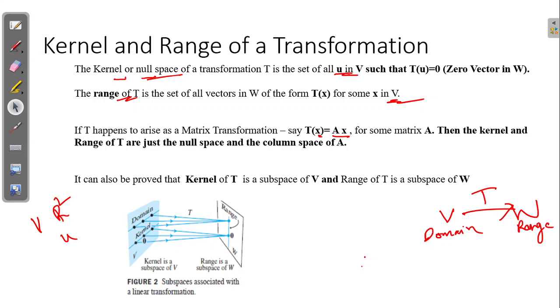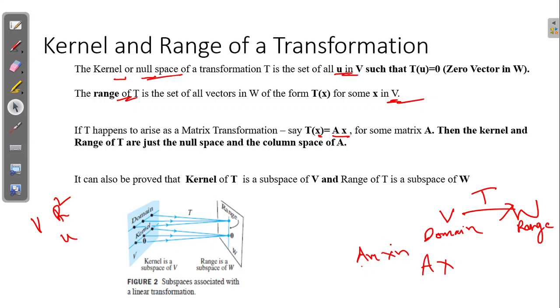we have some matrix A of order m by n. If you imagine, you will get it very easily. The transformation is defined as A into x, where x is a vector in our domain.